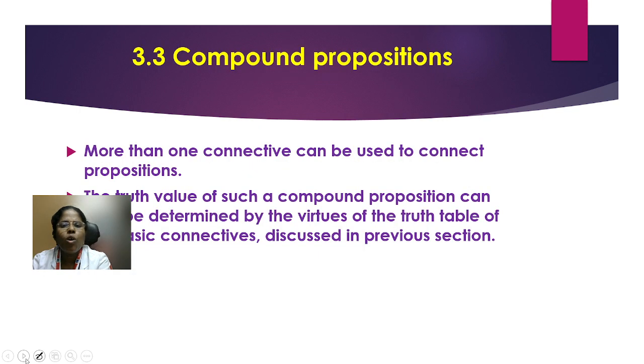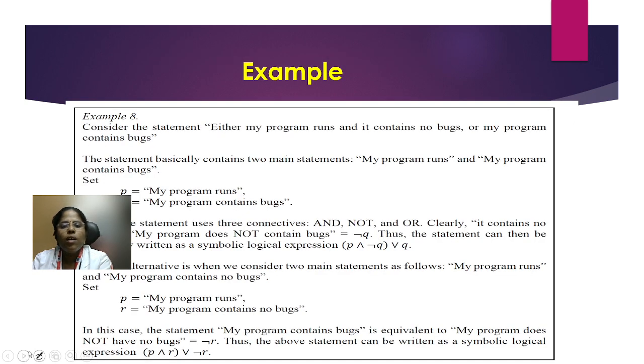So compound proposition means more than one connective can be used to connect the propositions. The truth value of such a compound proposition can be determined by using the truth tables of the basic connectives, which were discussed in the previous section. As we saw earlier, the same example I am showing here.